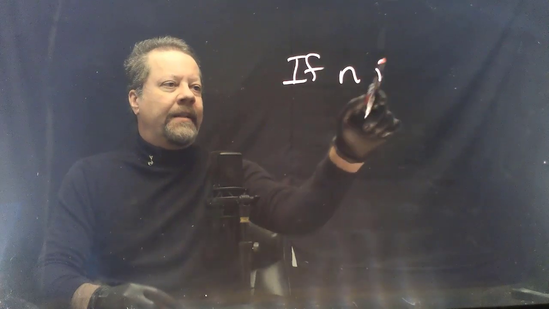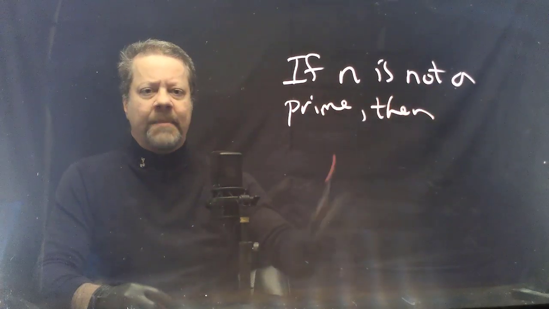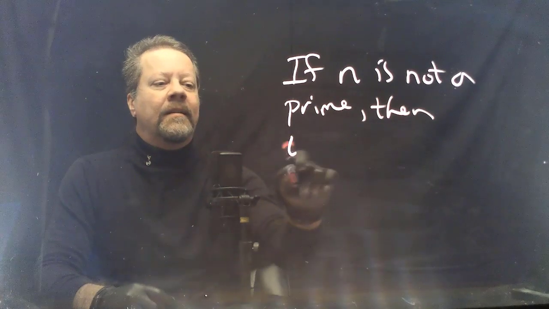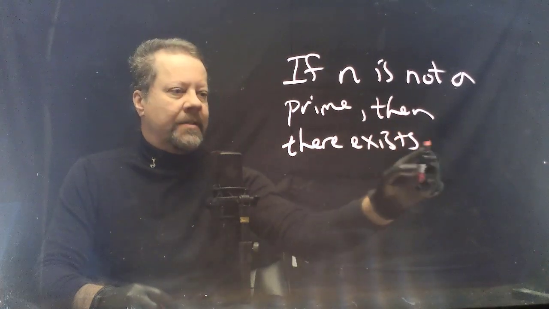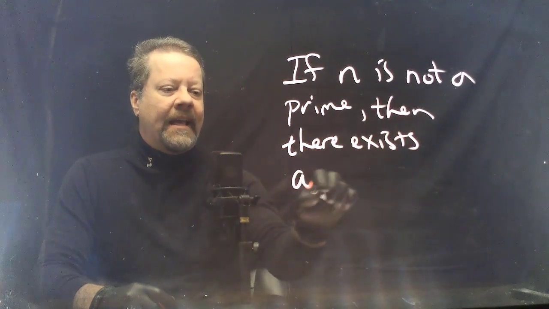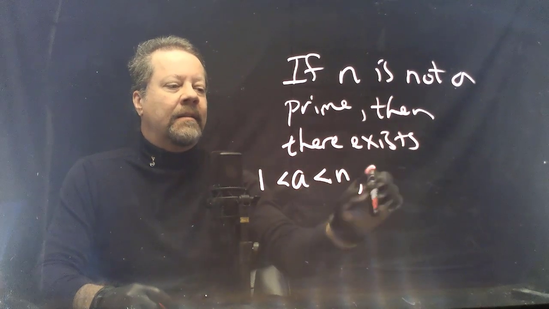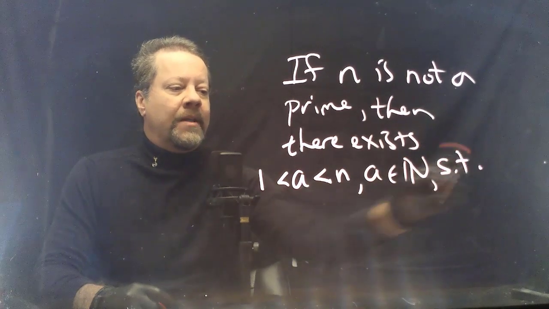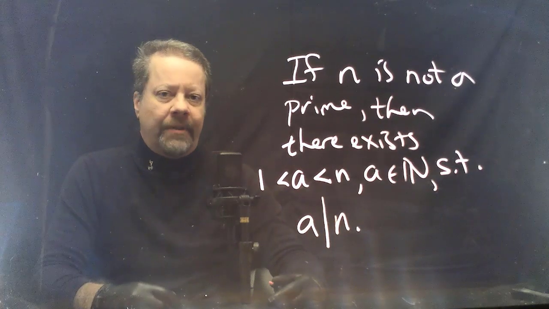If n is not a prime, then it has to be divisible by something between 1 and n. There exists some number, let's say a, bigger than 1, less than n, a natural number such that a divides evenly into n with a remainder, of course, of 0.